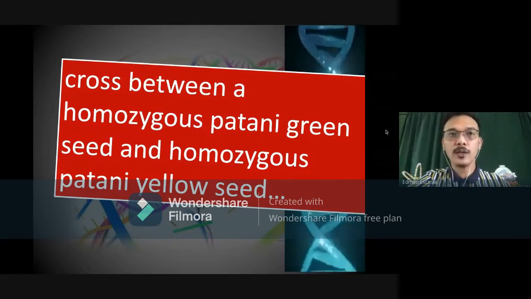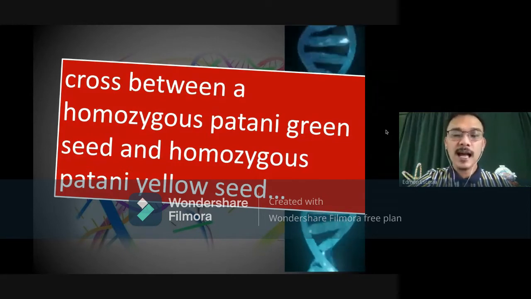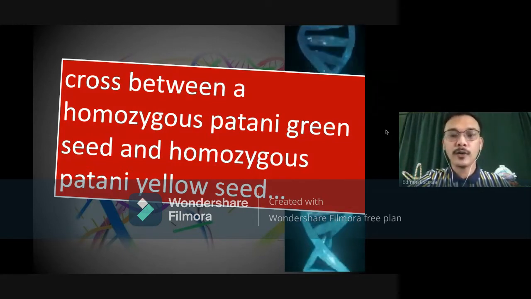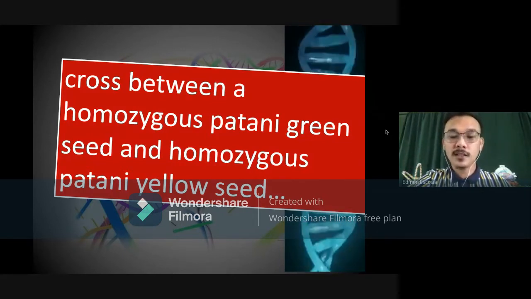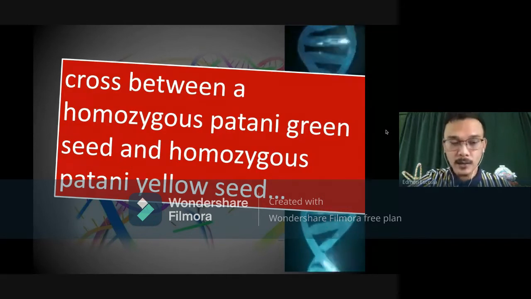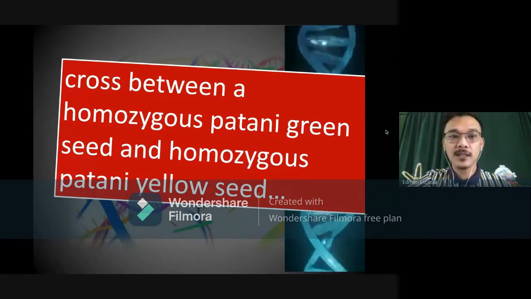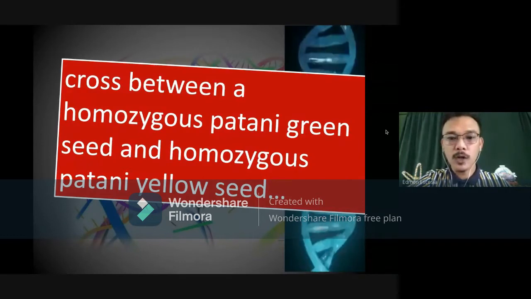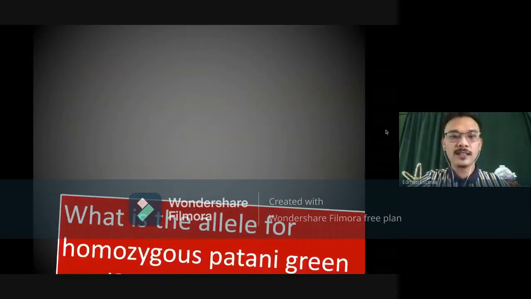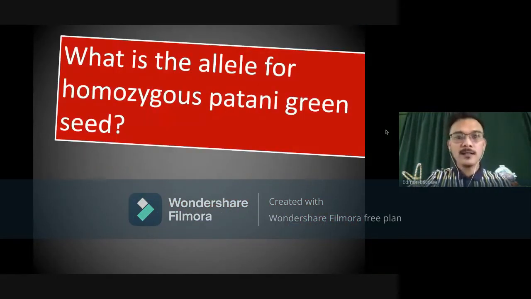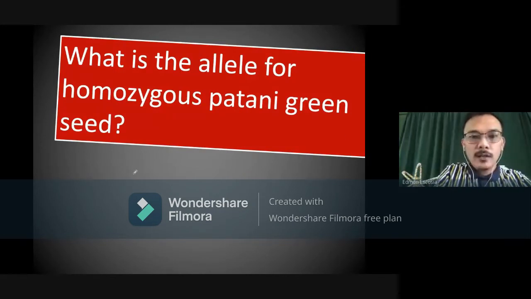So therefore, we use capital G as the symbol for the allele for green and small letter g for yellow. Again, capital G for green, small g for yellow. So the task here now is, what is the allele for homozygous patani green seed? How are we going to represent the allele for homozygous patani green seed?